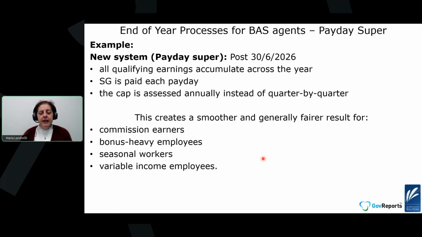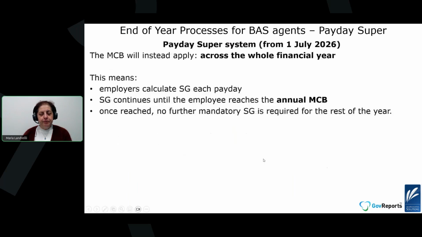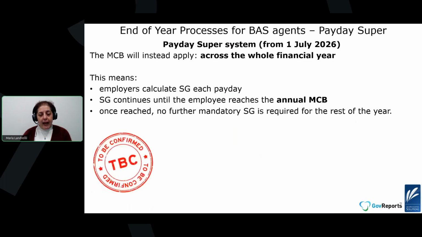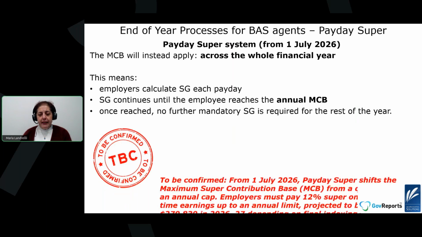So what that means, and I've got the example here side by side, the annual on their 120,000, they get the 12% super on that. Then it continues until they hit the annual cap, which is to be confirmed.